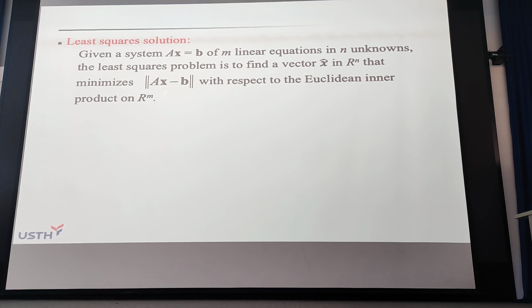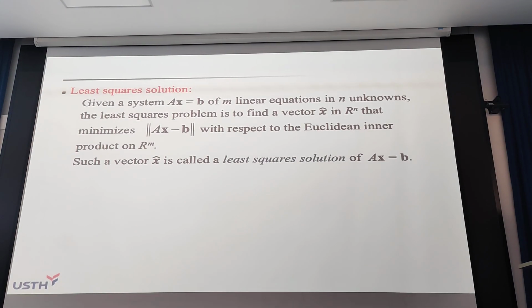So we need to know what Ax minus b is. If we can find x hat satisfying that, we call it a least square solution of Ax equals b.